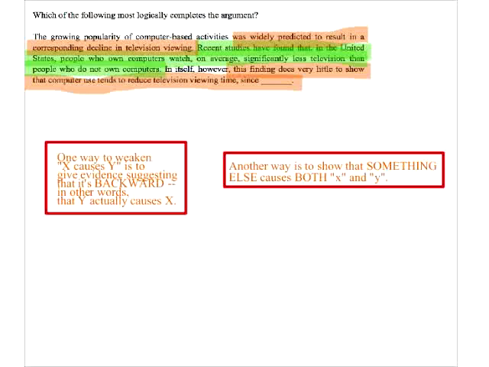So here's what we had on the other page. This argument is a cause and effect argument. In other words, more computer time or computer ownership correlates with less TV.